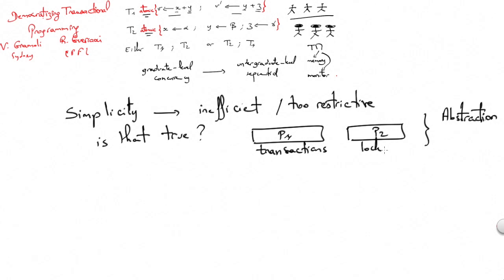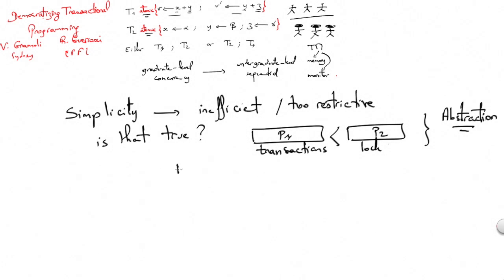So one could argue that the transaction abstraction is inefficient if P1 is somehow less efficient than P2. So one could implement both programs, measure their efficiencies to implement this abstraction, and then conclude that because P1 is less efficient than P2, then the transaction abstraction is too restrictive. But from a strict theoretical perspective, this might be wrong.